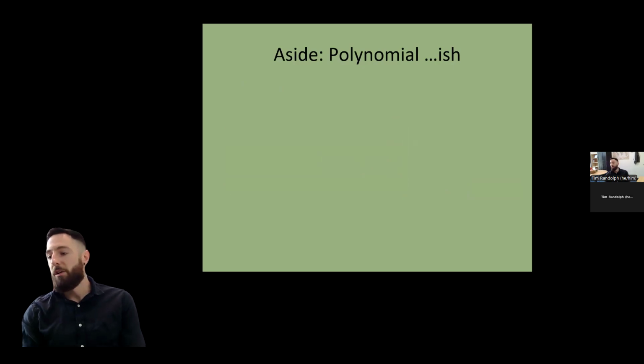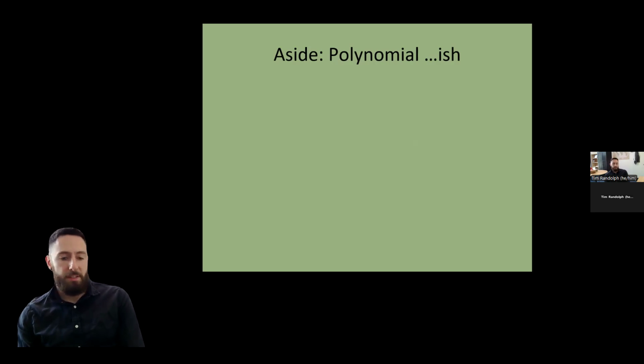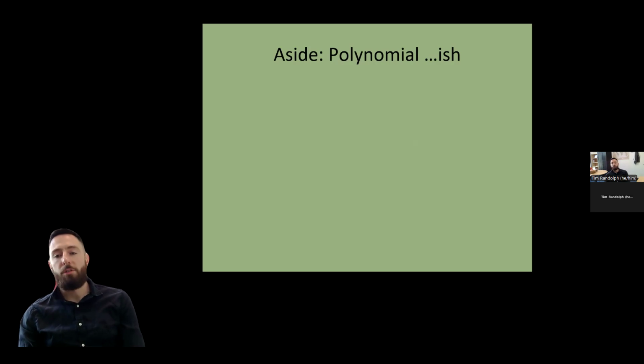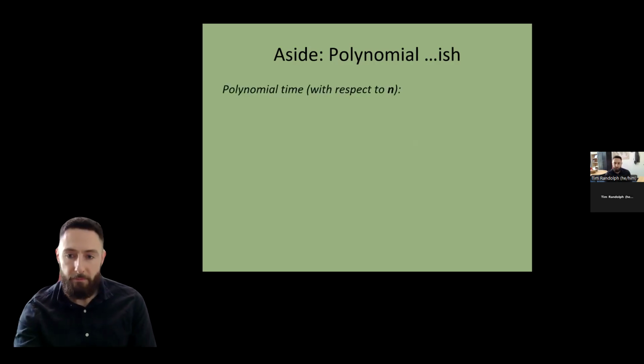And hopefully we know that the reason we're measuring the runtime of algorithms in terms of their input size is because for any algorithmic problem, or at least for the vast majority, we expect slower runtimes for larger inputs, right? If you want to sort an array, the bigger your array is, the longer your algorithm is going to take. So our runtime is a function of n, and n has got to be a parameter that captures how big the input is.